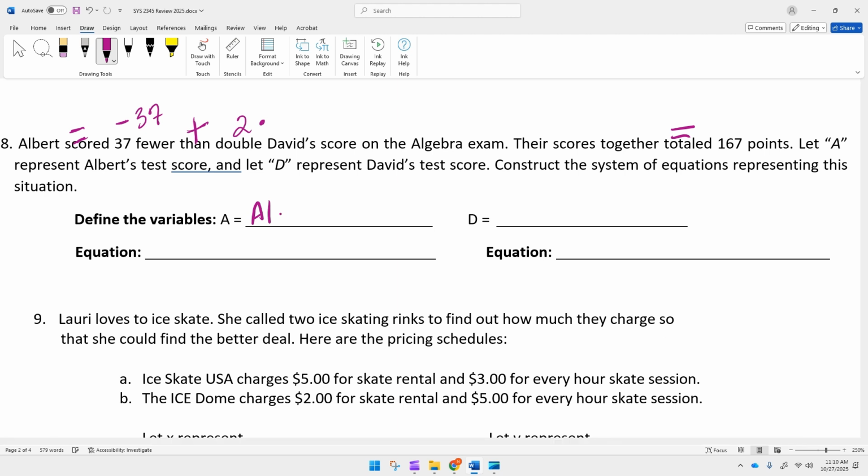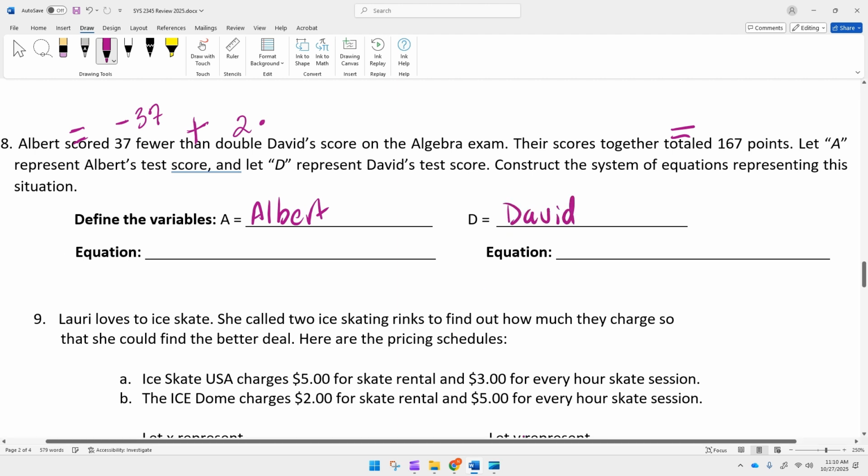So defining the variables, this is Albert. D is David's score. So the first equation that I have, I'm literally just writing down what I diagrammed.